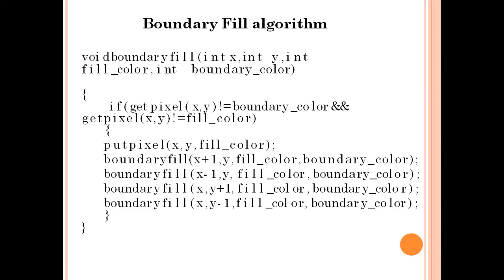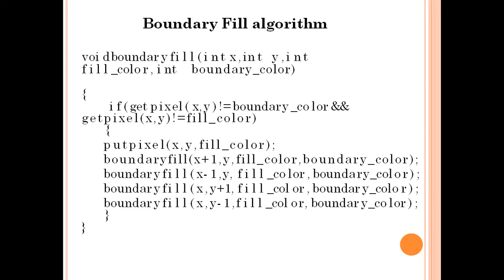So we have to follow 2 conditions: whether a pixel has the boundary color or not, and whether the pixel is already colored or not. If both conditions are false, then we will start coloring that pixel. We will color that pixel using our pre-decided color, and as I said, recursively we will call the boundary fill function again 4 times for the top, bottom, left and right directions.